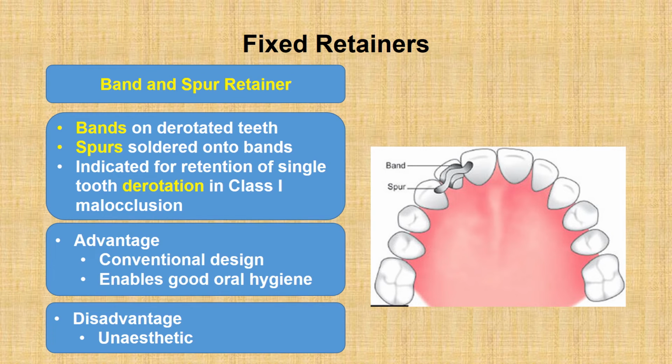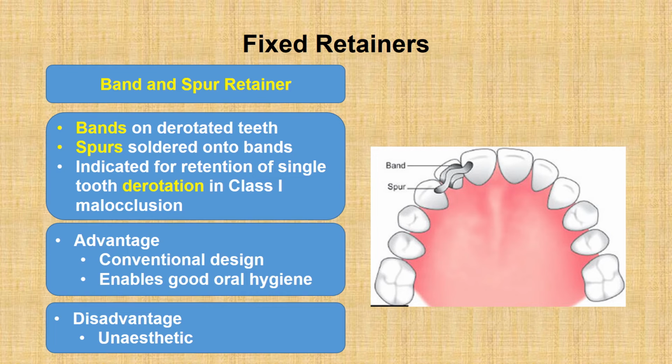Now let's look at the next group of retainers, which is the fixed retainers. The band and spur retainer has a band on a derotated tooth, and this band has spurs soldered onto it, and these spurs extend to the adjacent teeth.